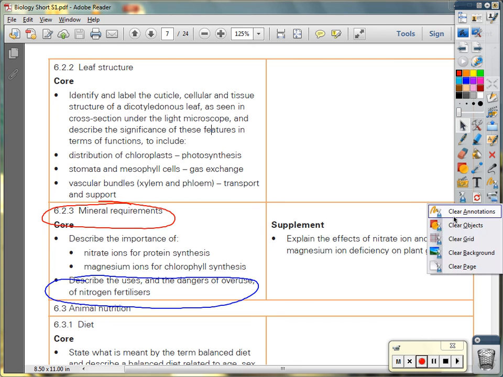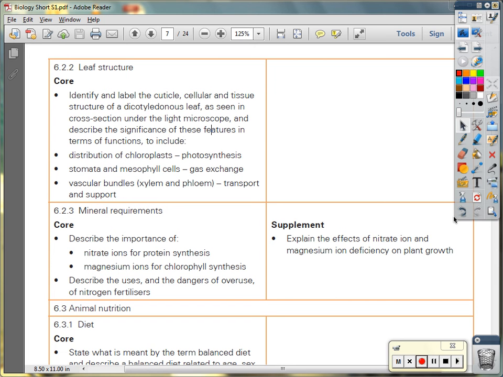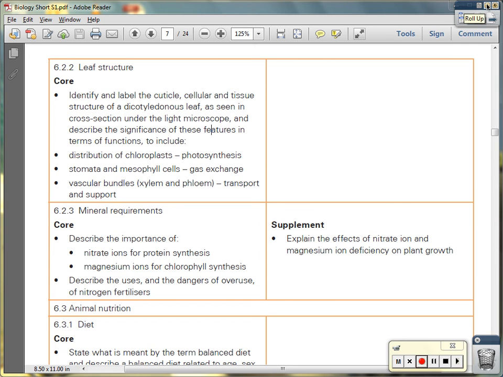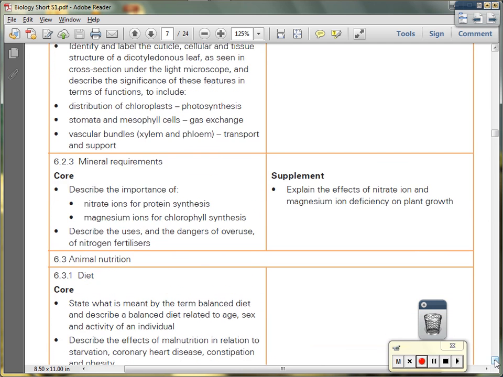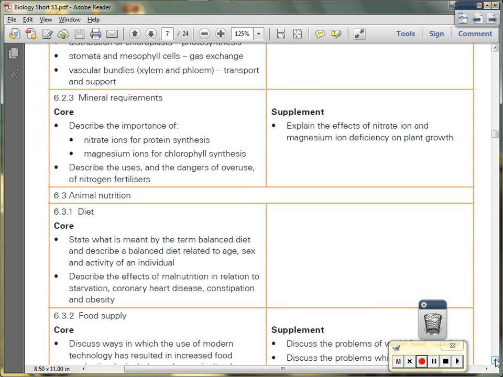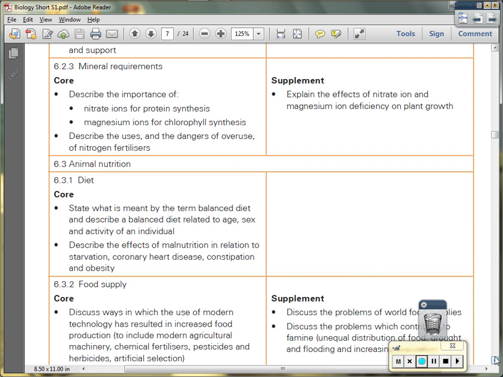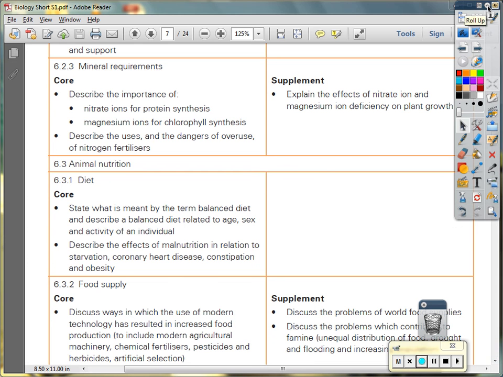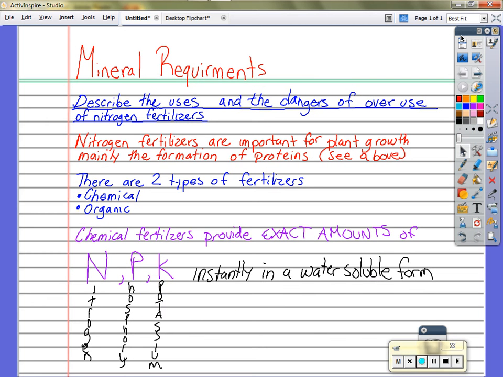But just for this exemplar. So you would go through your mineral requirements, and then you would go down and you would go video by video, taking down exactly what the syllabus says, and then underneath it, putting in the information that coincides with what you wrote. Okay? And you keep going and going and going.